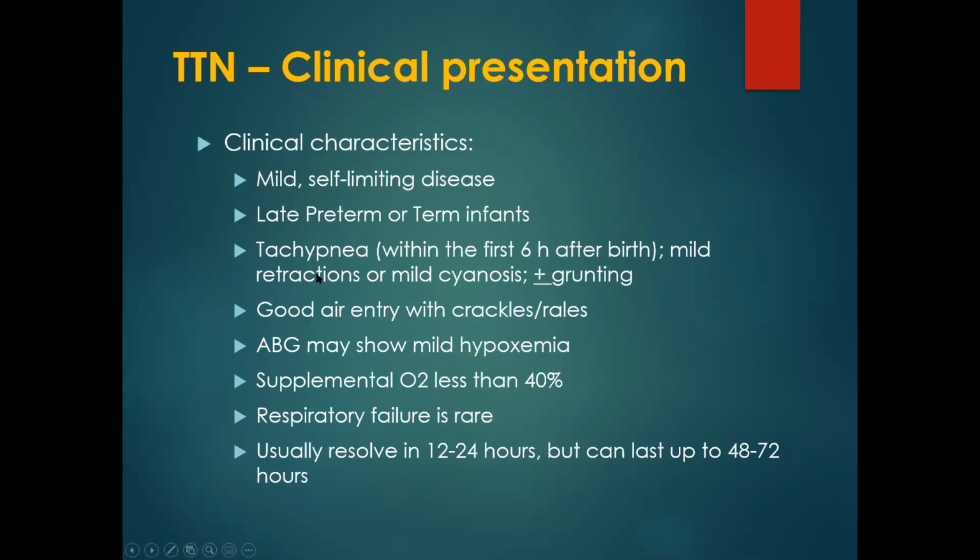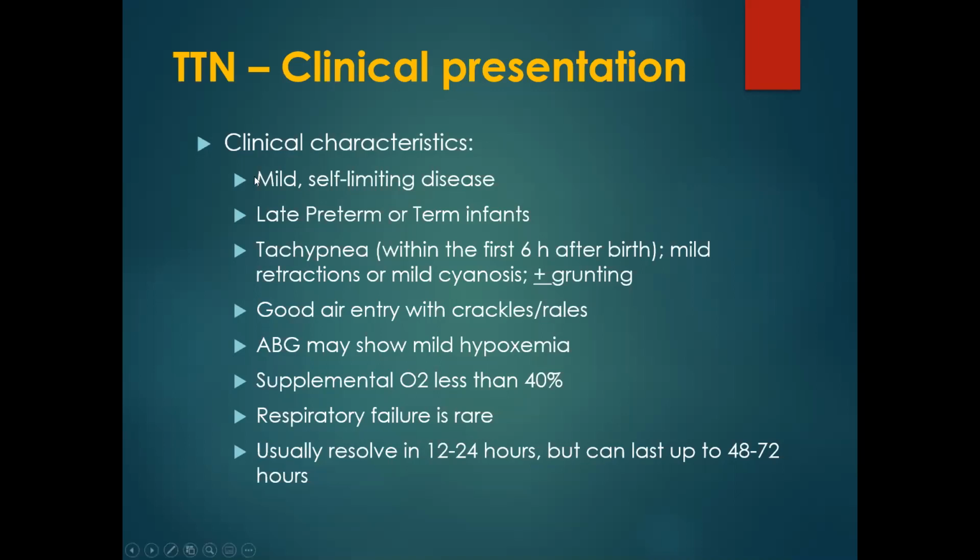They're tachypneic within the first 6 hours after birth. They may have mild retractions. They may have mild cyanosis, or sometimes more cyanosis, the higher the degree of fetal lung fluid still retained. They may or may not grunt. All you see is a baby who's breathing very fast. They may or may not be able to maintain their color.